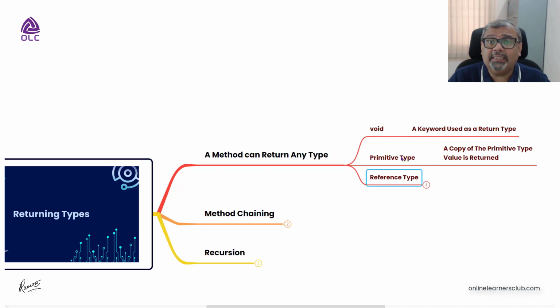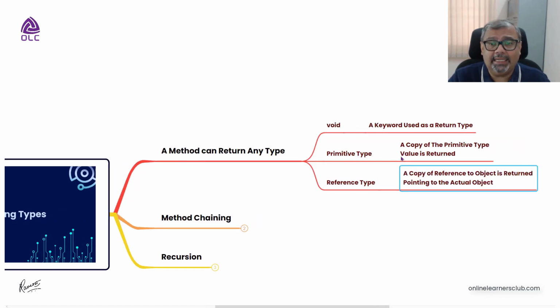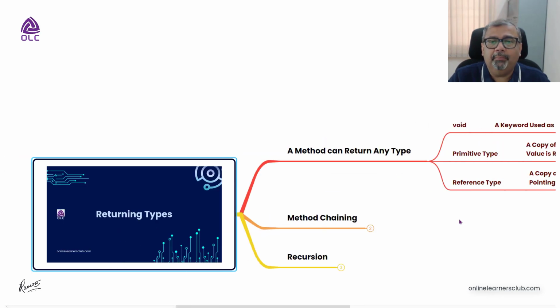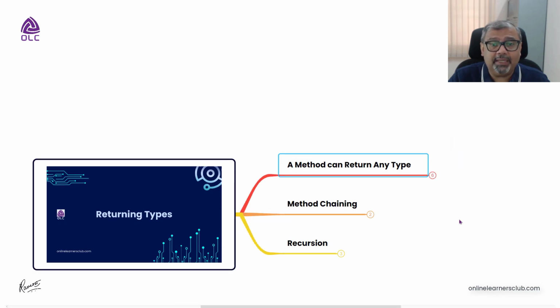In case a method is returning a reference type to a particular object, again the concept of pass by reference is applicable, where a copy of the reference is returned, pointing to the actual object only. These are the basic ways in which a method can return different types.